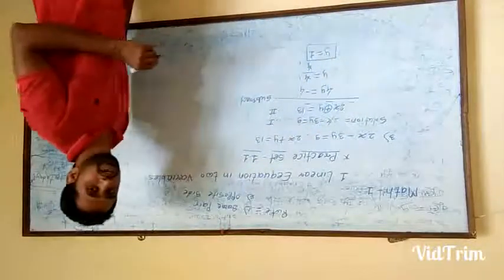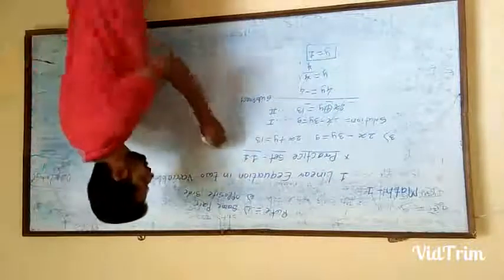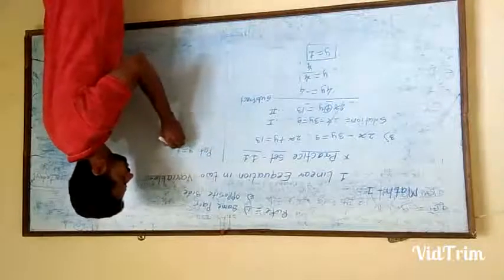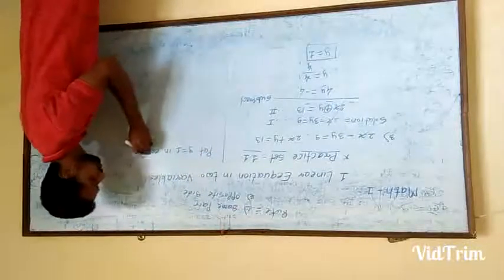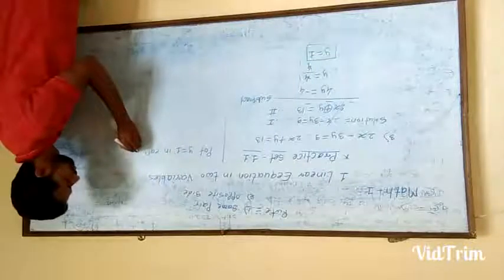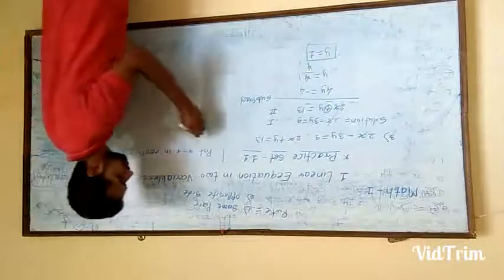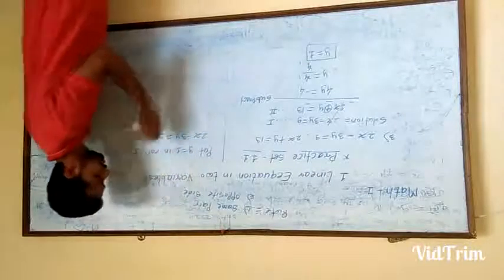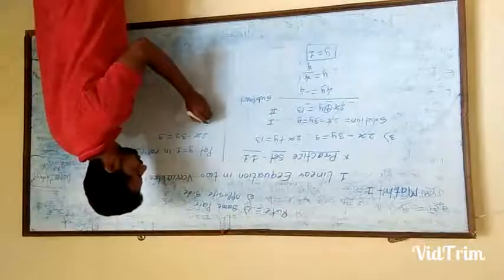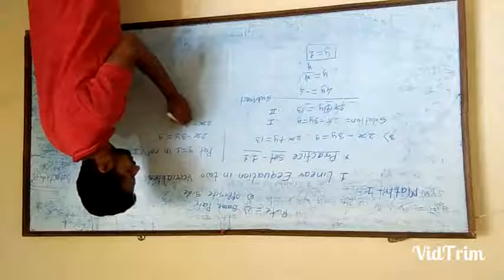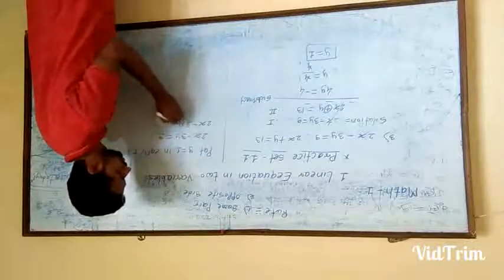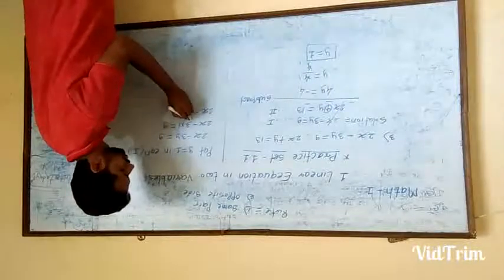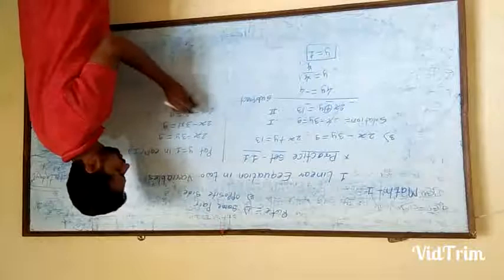So we got the y value and we put this value in equation first. Put y is equal to 1 in equation first. What is equation first? 2x minus 3y is equal to 9. So put the value: 2x minus 3 times 1 is equal to 9. 2x minus 3 is equal to 9.